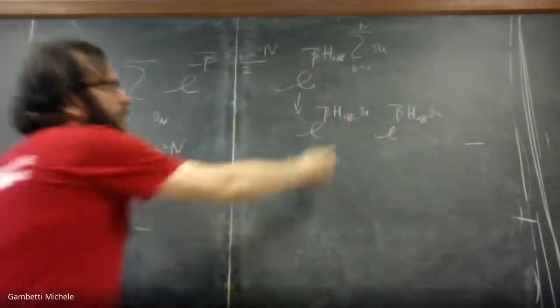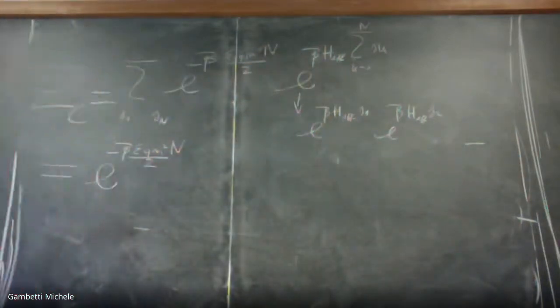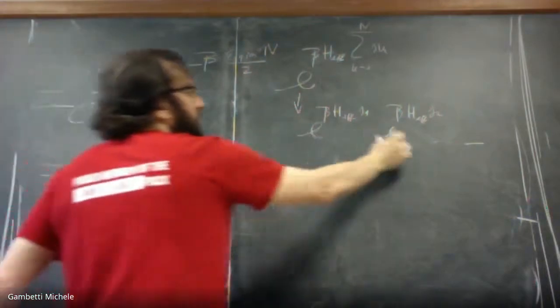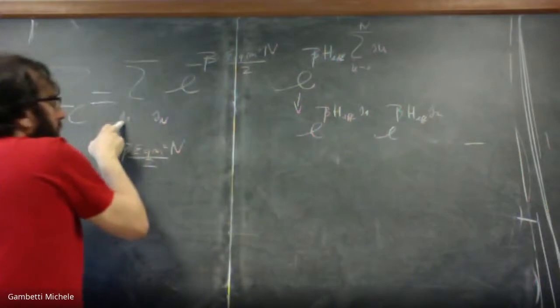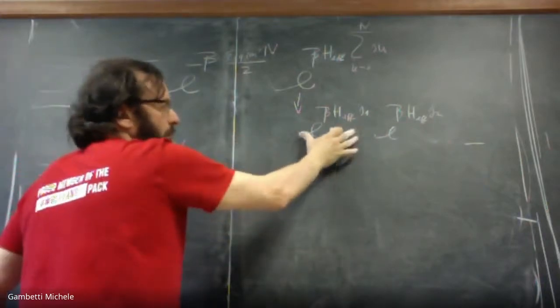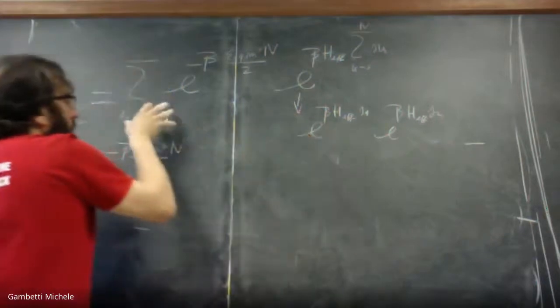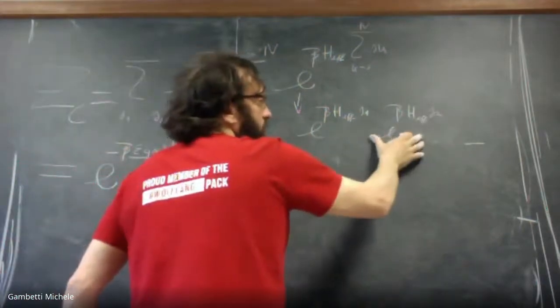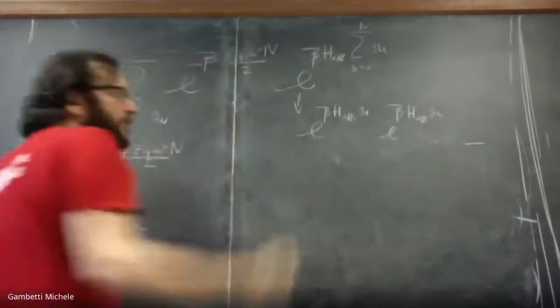So there is no real coupling now between the spins. I can sum separately all of these exponentials. So the sum over S1 will influence only this term. The sum over S2 touches only this term, and so on and so forth.